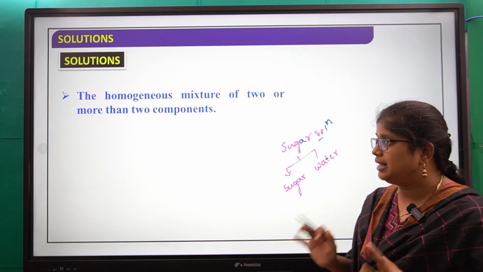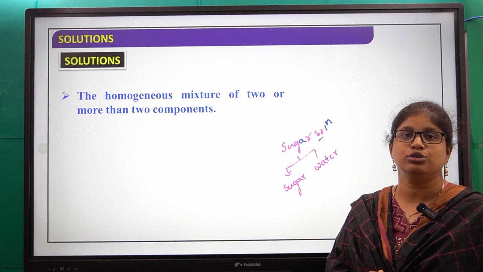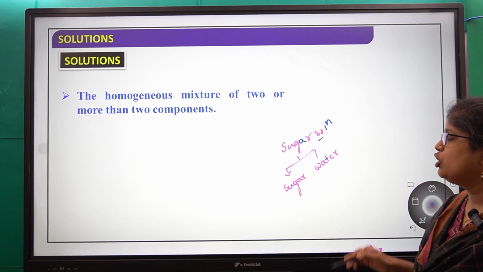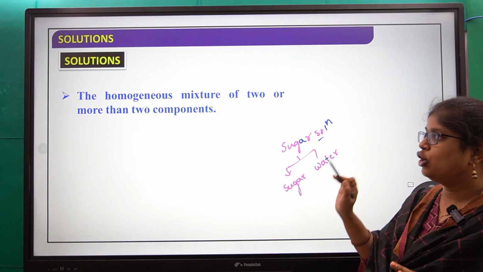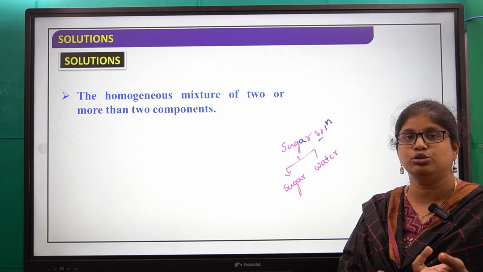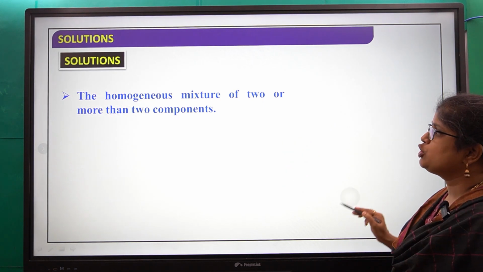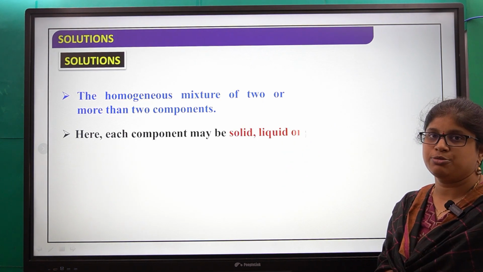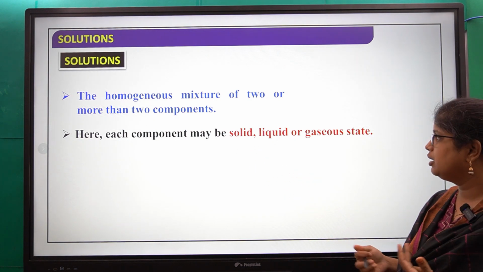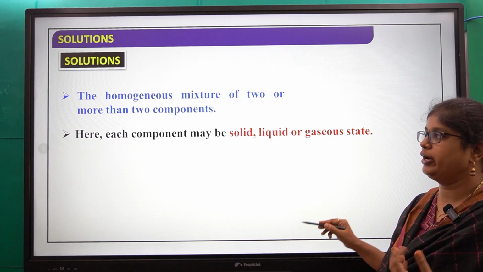That is a homogeneous mixture of more than two components, and that is also called a solution. So a solution is a homogeneous mixture of two or more components. Next, each component may be in solid, liquid or gaseous state. We will discuss this point later.